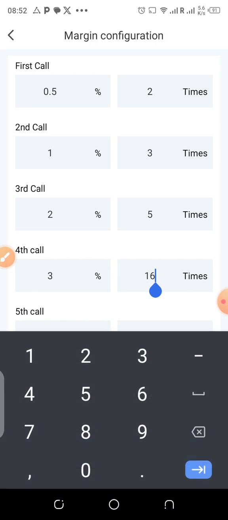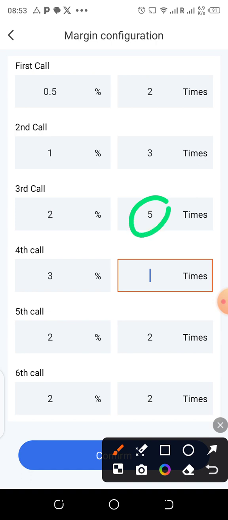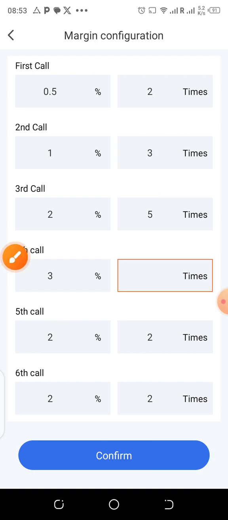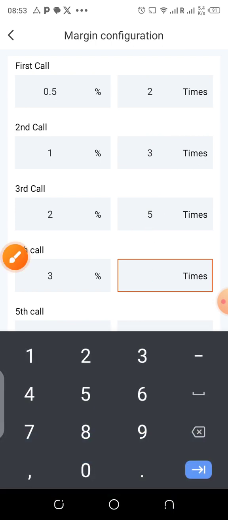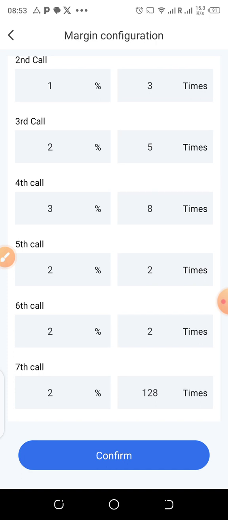Now, if the third call is 5, you say 5 plus 3, you get 8.